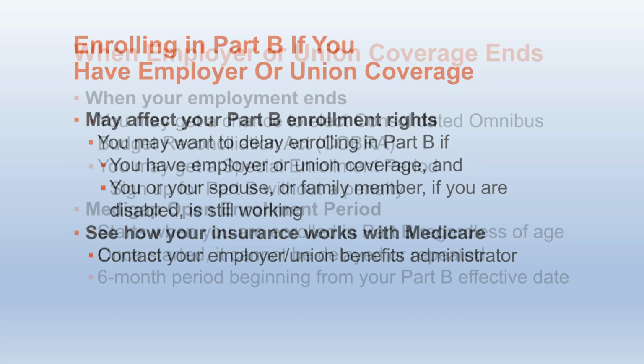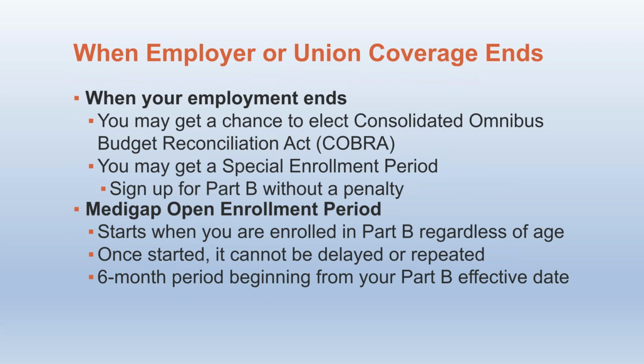When employer or union coverage ends, you will be offered a chance to elect COBRA, but for Medicare purposes, COBRA is not considered creditable insurance. And so instead, you would want to use your special enrollment period to sign up for Part B without a penalty.